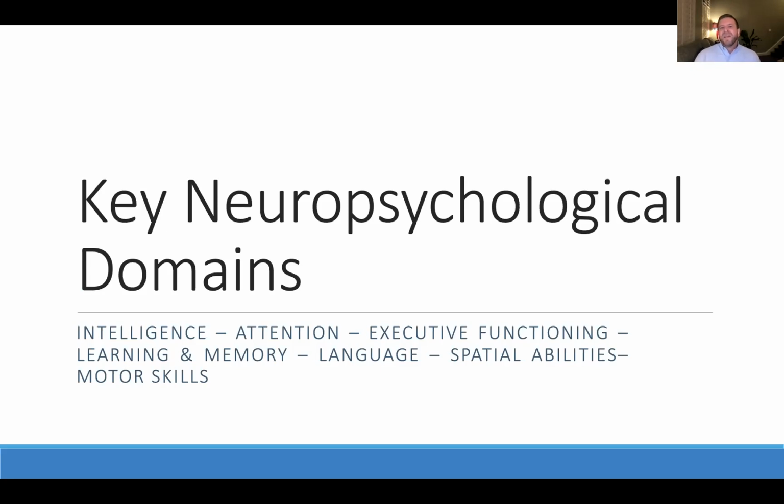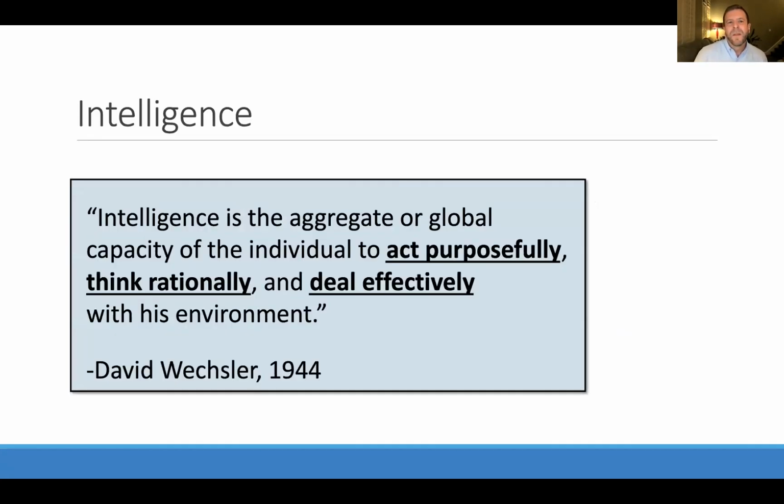Right? What are we measuring? So we're just going to run through these key ones: intelligence, attention, executive functioning, learning and memory, language, spatial abilities, and motor skills, because those tend to be the ones that we often look at. Okay. So bear with me on this. And then we're going to pull back out and think more broadly about how evaluations can be useful and what we do with that data.